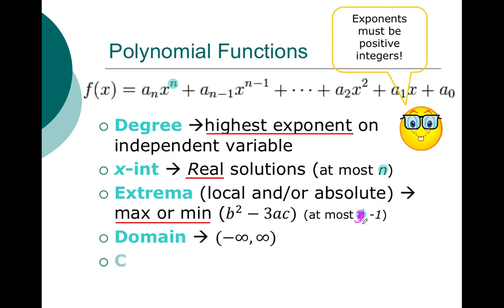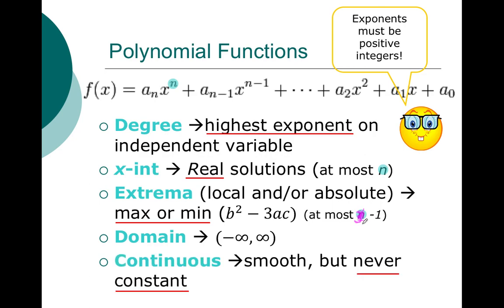The domain of all polynomials is all real numbers. Polynomials are always continuous and they're smooth. They have no sharp points like absolute value, and they are never ever constant. And the reason I say that, be careful, a calculator sometimes makes a polynomial look flat or straight.